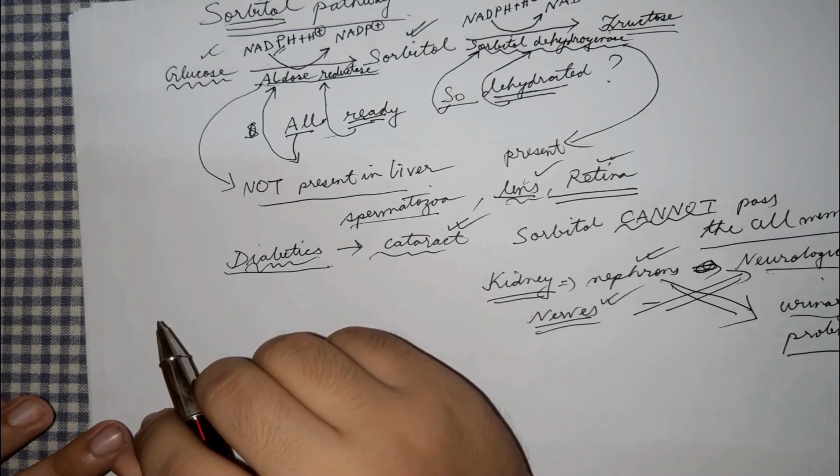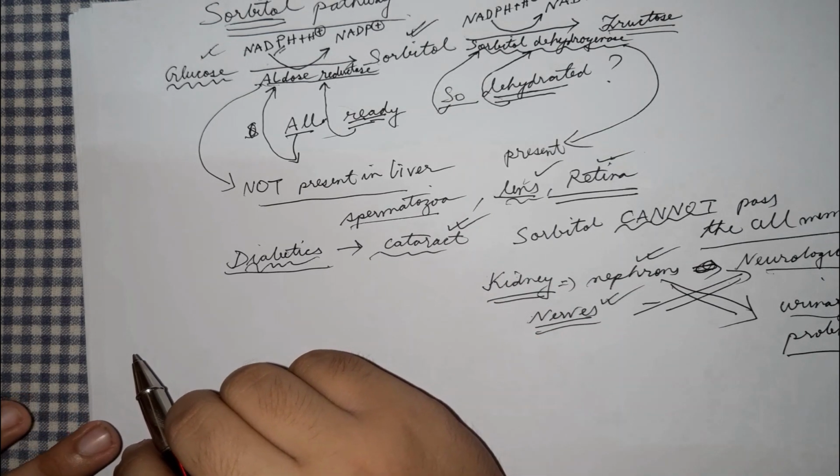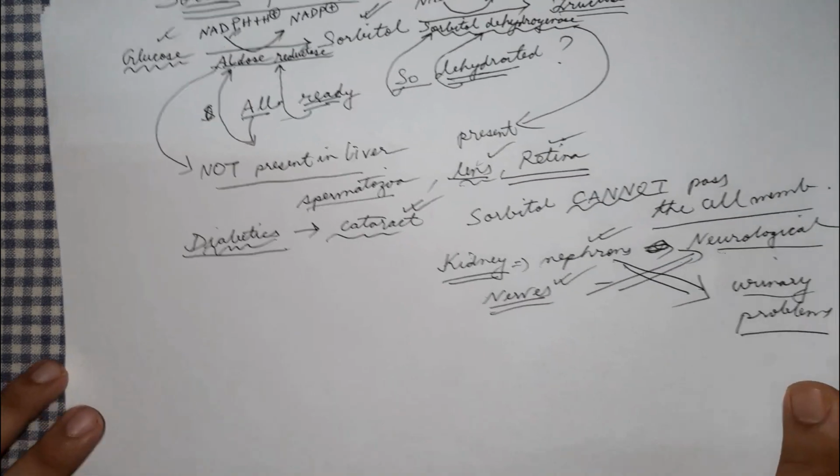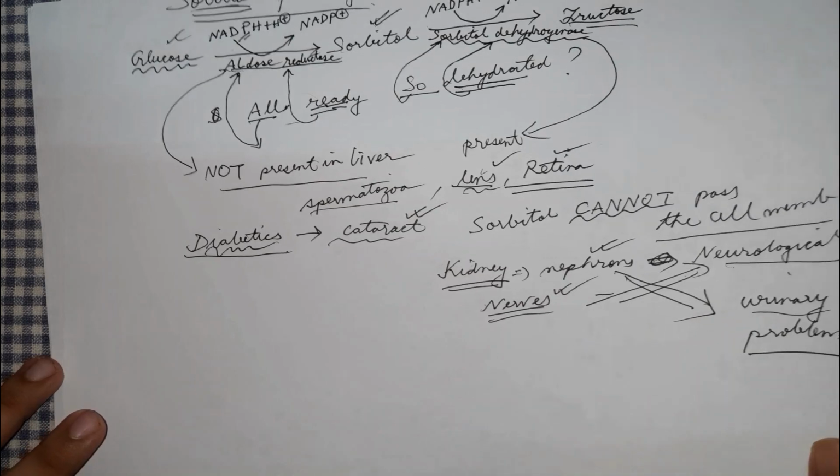So that's about the sorbitol pathway. Now let's quickly talk about galactose metabolism, because galactose metabolism also has some very important clinical correlations, and the clinical correlations are the reasons why we are studying them in the first place.